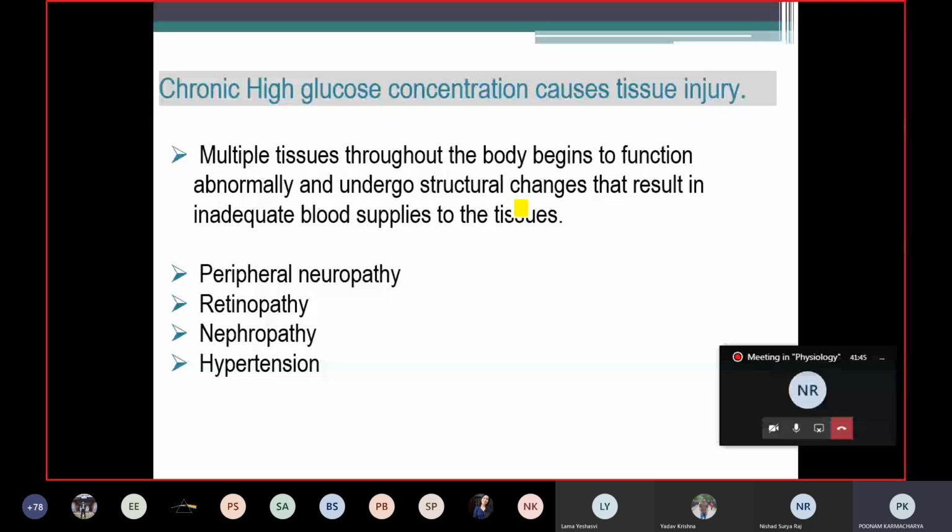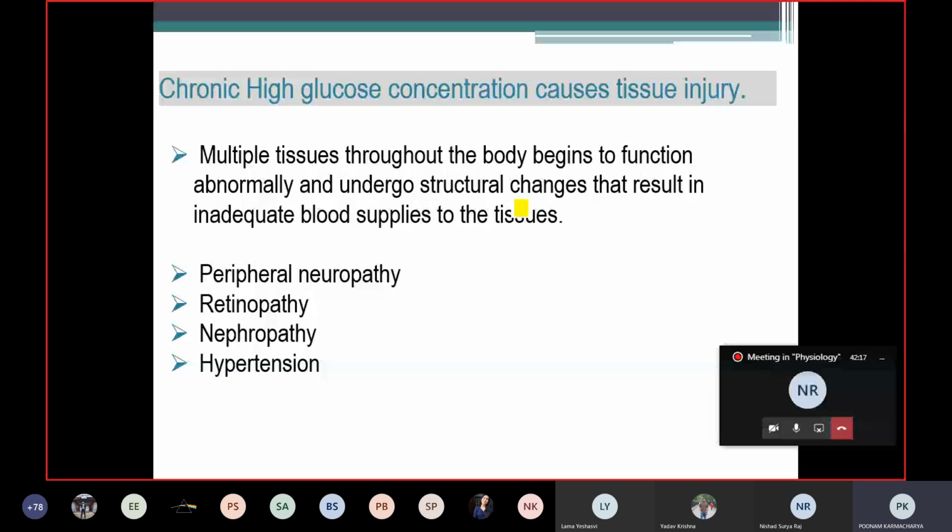Likewise, there can be nephropathy. Nephropathy is also because of the hyperglycemic state only. Because of hyperglycemia, there will be structural changes taking place in the glomerular capillary basement membrane, right? Because of these structural changes, the glomerular capillary basement membrane seems to be thickened and the lumens are narrowed, and that will lead to nephropathy.